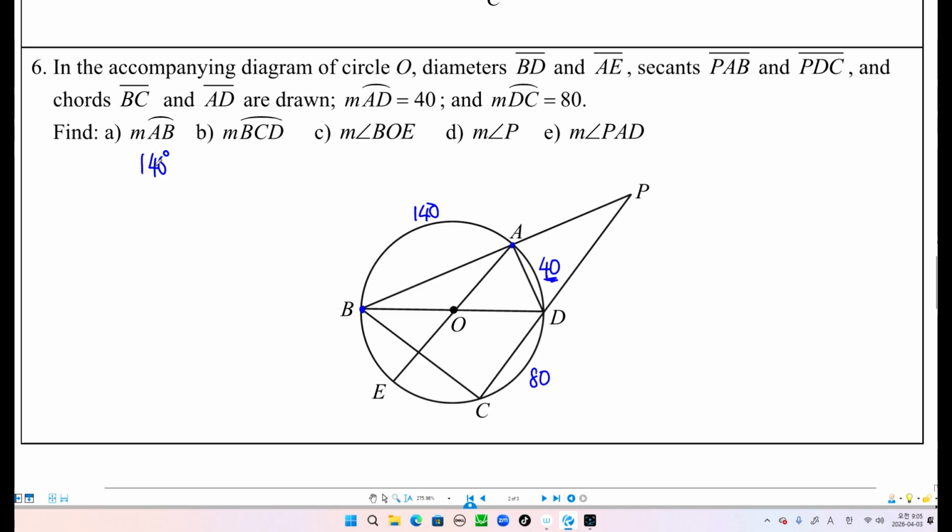Measure of arc BCD, BCD from here to here, right? That is built on a semicircle, right? Semicircle, which is what? 180, right? Half of that. And angle BOE, where is BOE? Yeah, this angle, an intersection, okay? So we already got one of the arcs over here, right? 70.